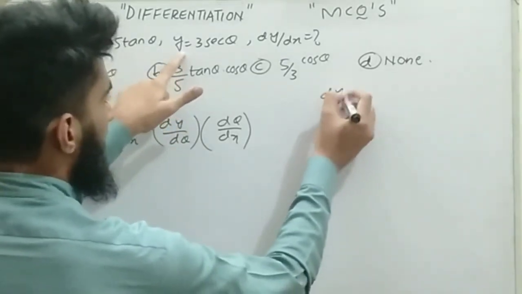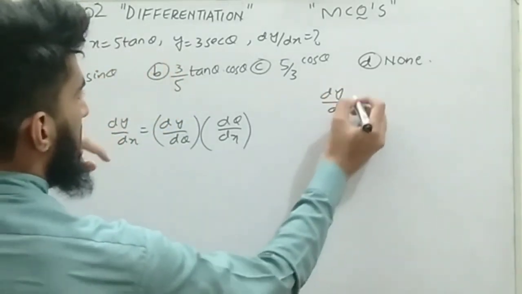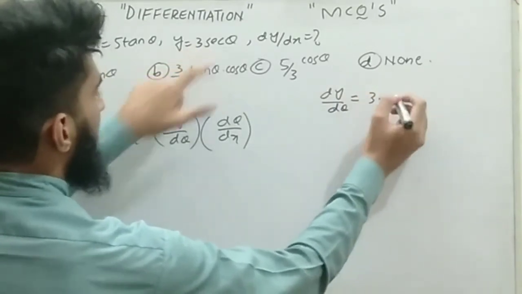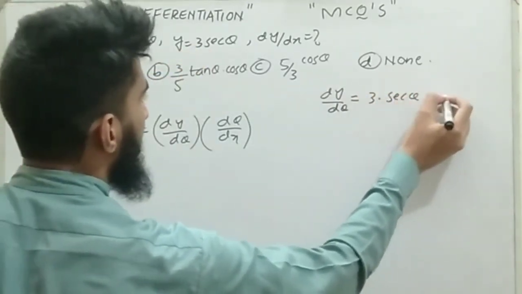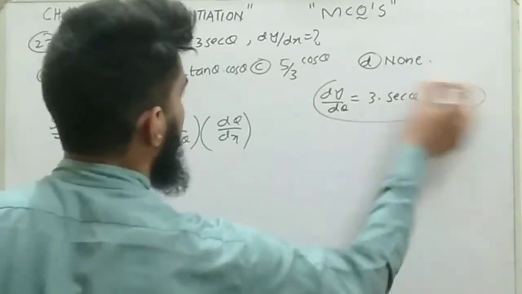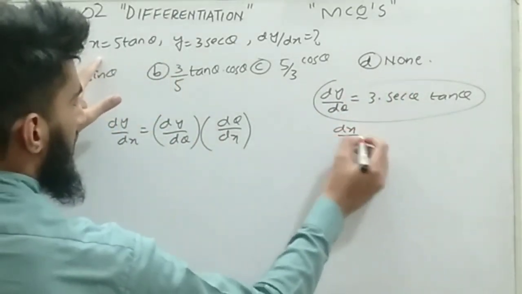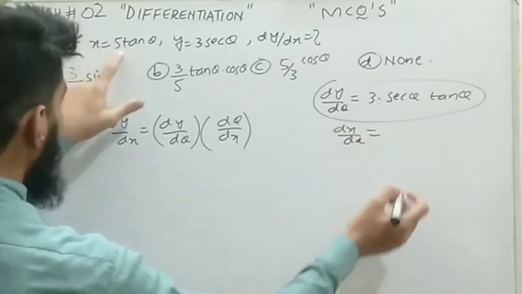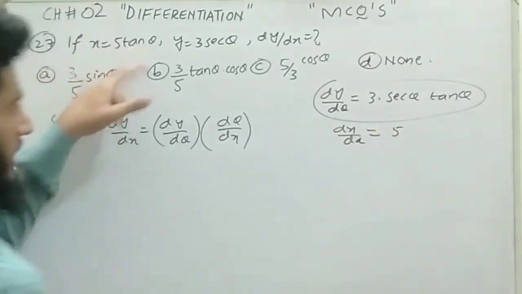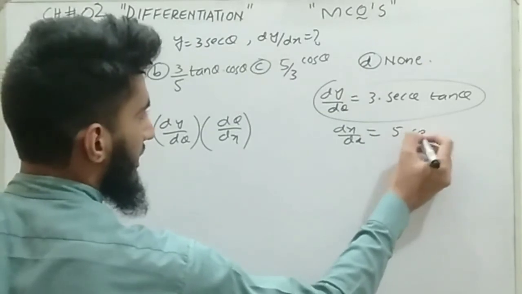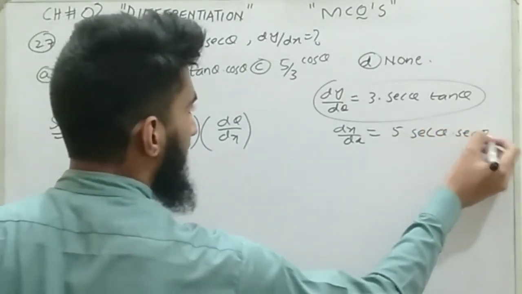So it becomes 3 times the differentiation of secant theta, which is secant theta and tangent theta. This is dy by d theta. Now here we have dx by d theta, so dx by d theta will be 5 times the derivative of tangent theta, which is secant square theta, written as secant theta and secant theta.